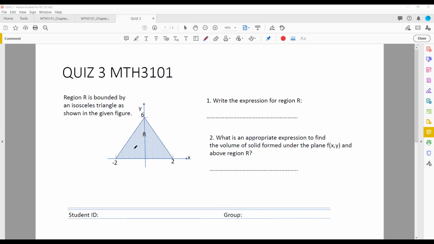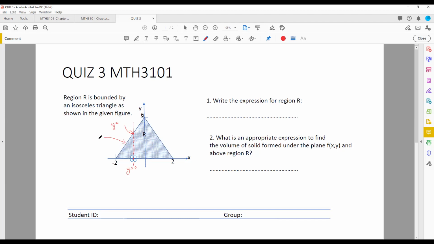Let's try to start with these points, and then run along the y direction. So at this point, y goes from 0 until... let's look before that, sorry. So this one is what?